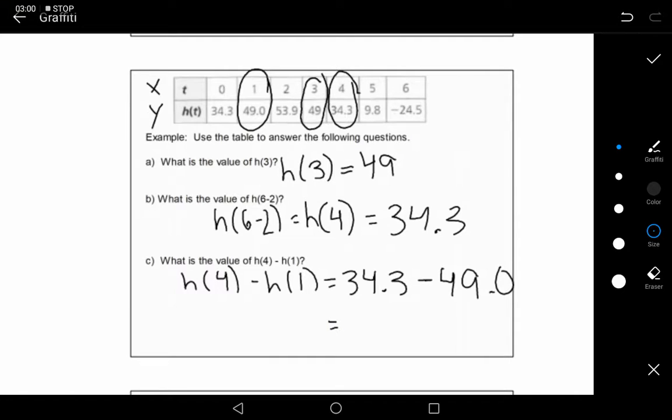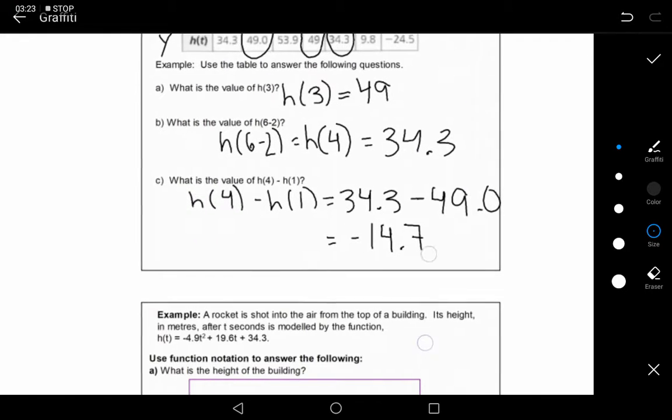Okay, simply type that in on your calculator. So the value of h of 4 minus h of 1 is negative 14.7. Okay, and it's as simple as that. So let's move on to a little bit more tricky, but not that complicated whatsoever.